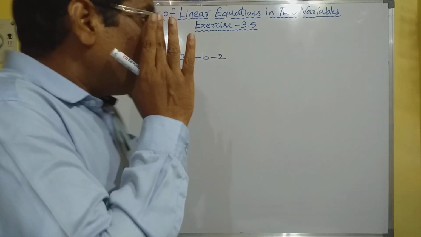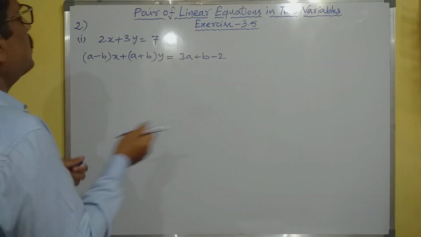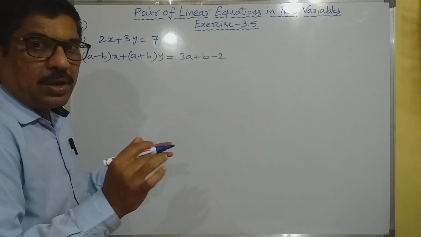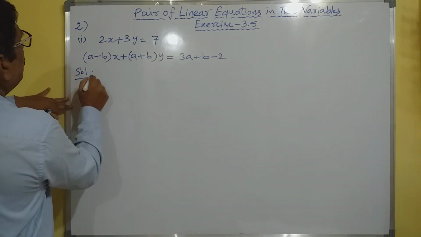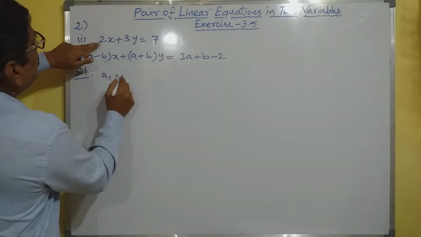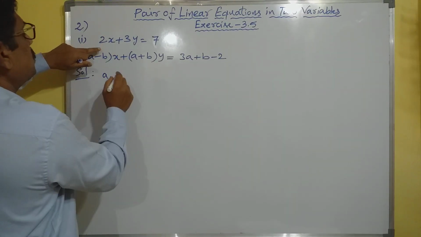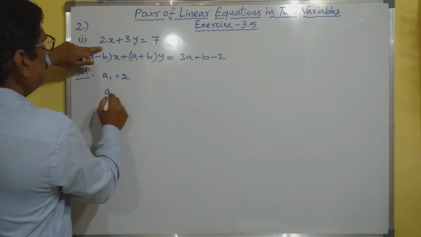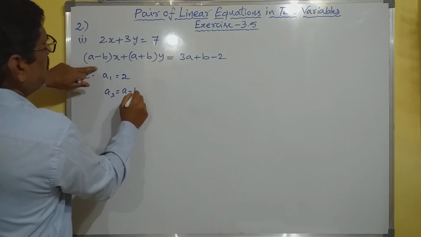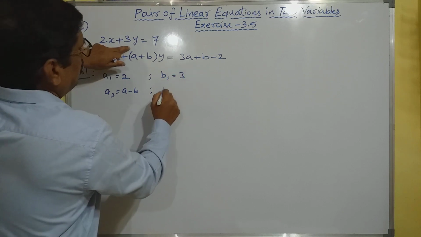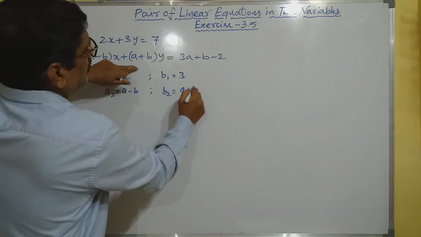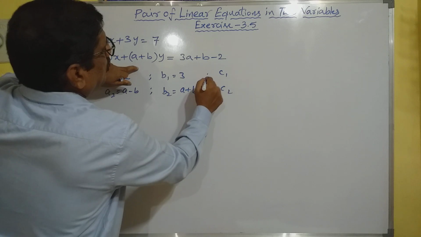So here we have to take the coefficients of x, y and constants first. From the given equations, see what is a1? a1 is the x coefficient of the first equation, 2. What is a2? a2 is a minus b. b1 is 3, b2 is a plus b. What are c1 and c2?